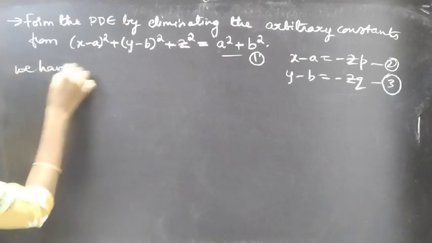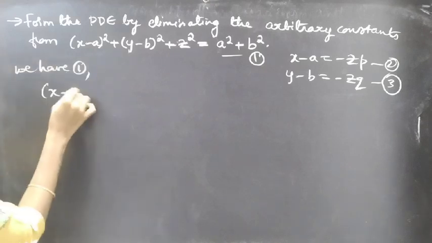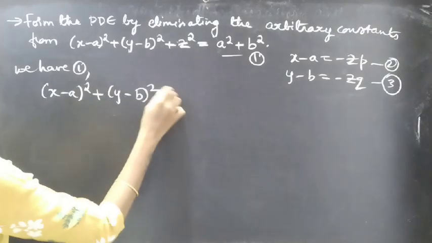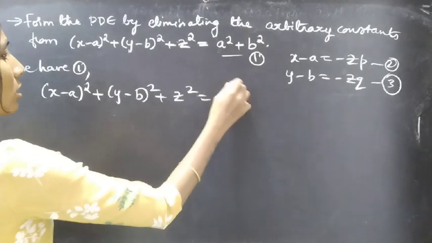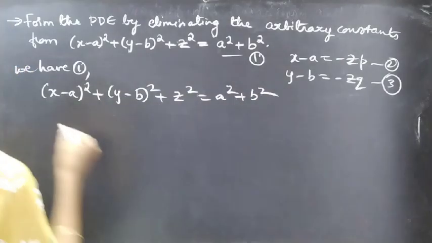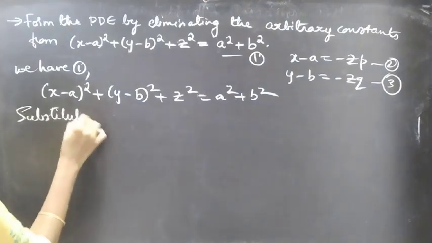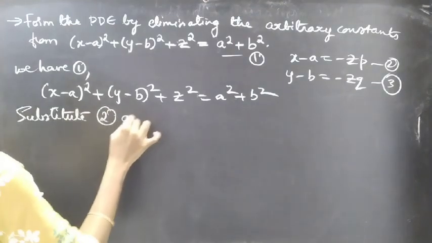We have 1: (x minus a) whole square plus (y minus b) whole square plus z square equal to a square plus b square. Now substitute 2 and 3 in 1.